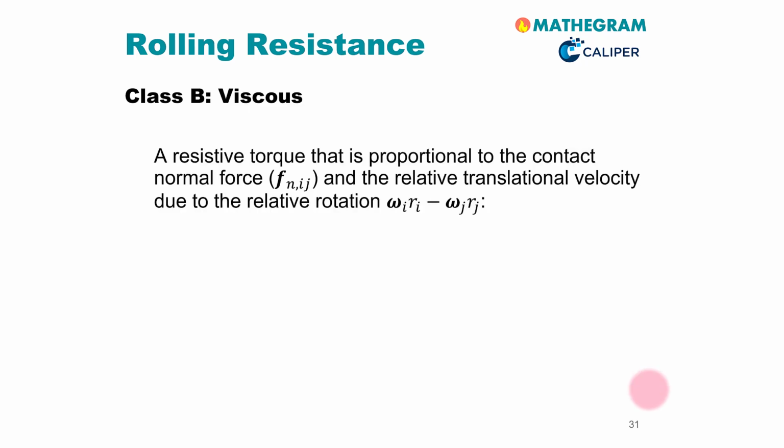Therefore, people have thought about this and came up with a class B rolling resistance model, which is also called a viscous rolling resistance torque closure. And here we don't pick the direction of the torque based on the relative angular velocity, but based on this relative translational velocity of the contact.